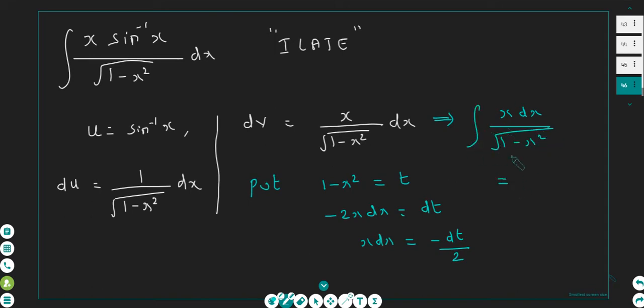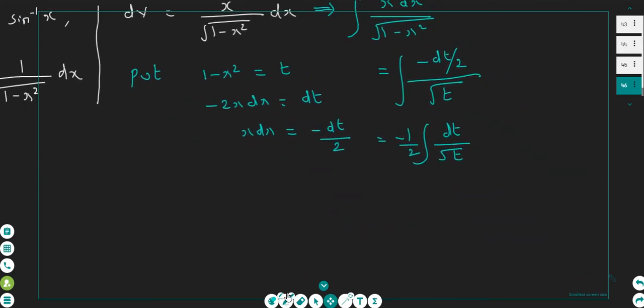After the substitution, I get x dx equal to minus dt by 2, all over root t. So this is equal to negative 1 by 2 integral of dt divided by root t, which I can easily integrate using the power rule.